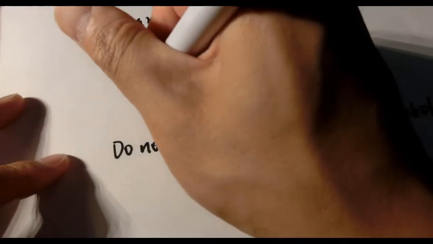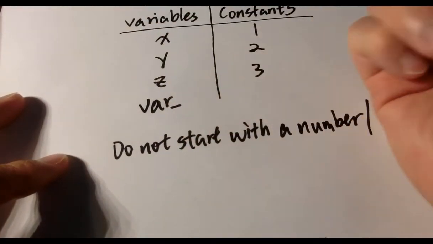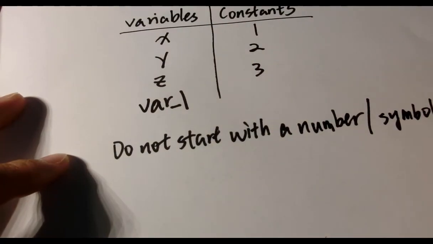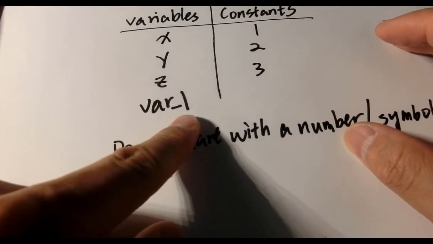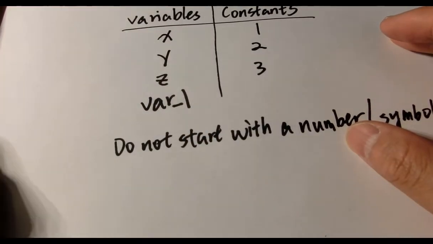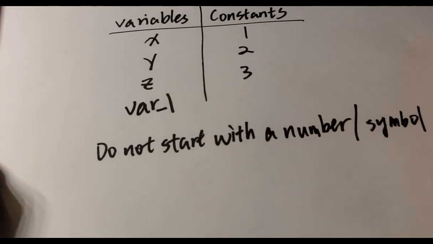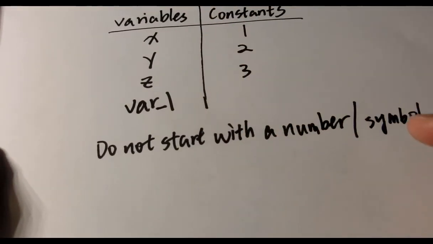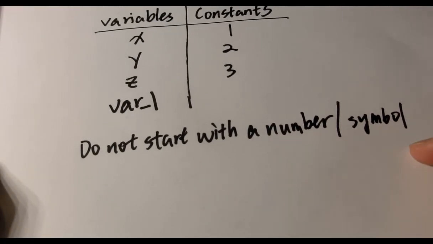You can name it var, which is fine. You can even use var_1, because you may expect to have several vars. For the next one, I can name it var_2. Just do not start the name of the variable with a number or a symbol.